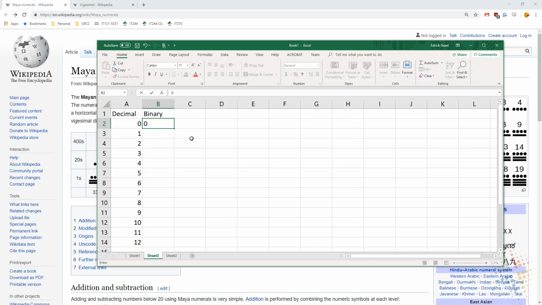In binary, we start off with 0, and then we start off with 1. Now again, when we get to 2, we've run out of slots for the 1s, so we have to start doing the 2s.